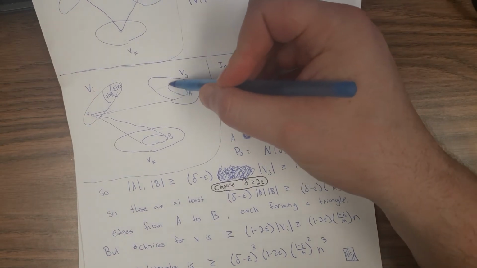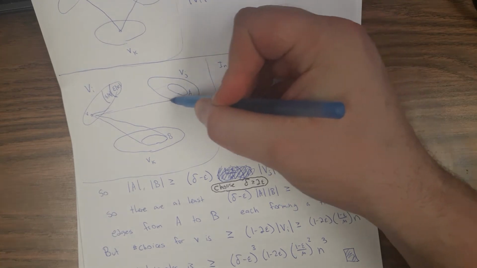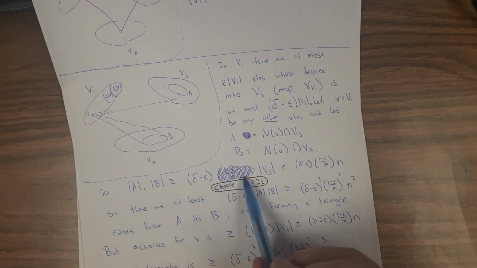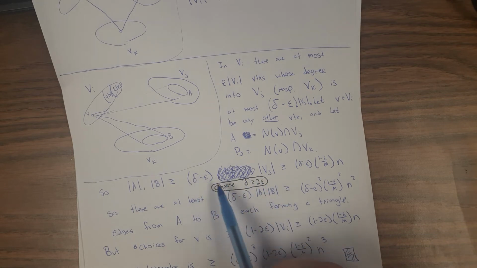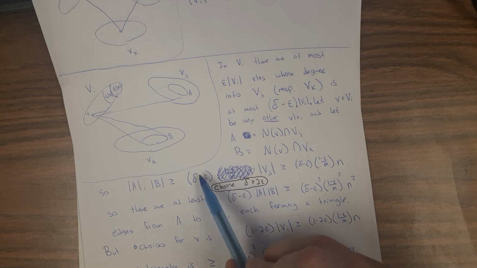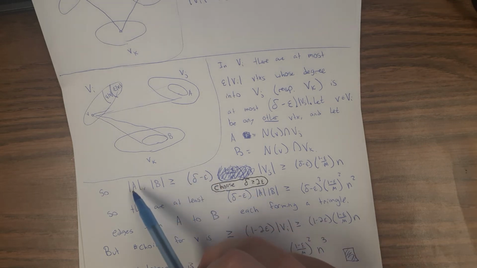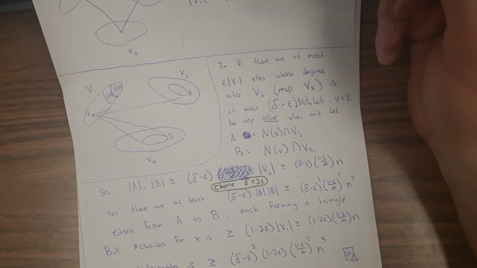But right, so basically A just needs to be at least epsilon proportion of Vj. We know that A is at least this. So if I choose delta to be at least 2 epsilon, then this is at least epsilon. So A would be at least epsilon times the set that it lives in.